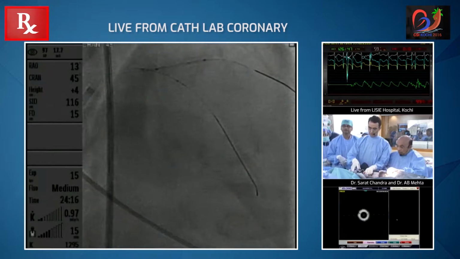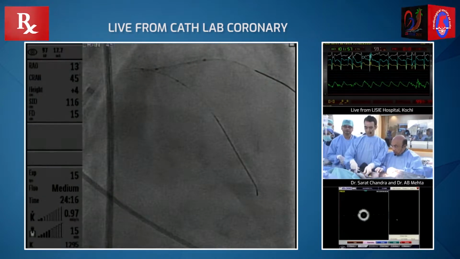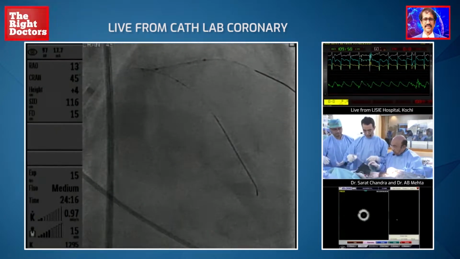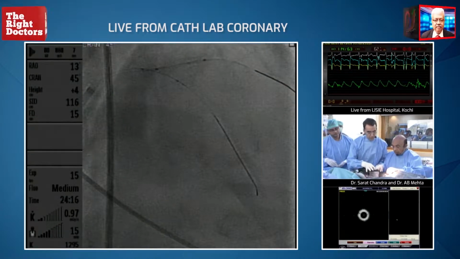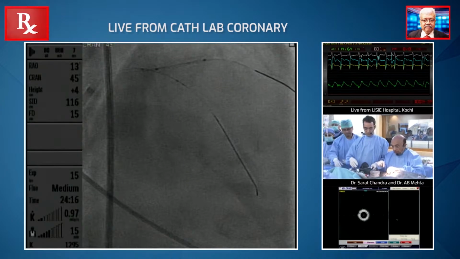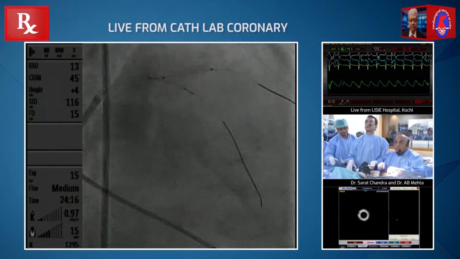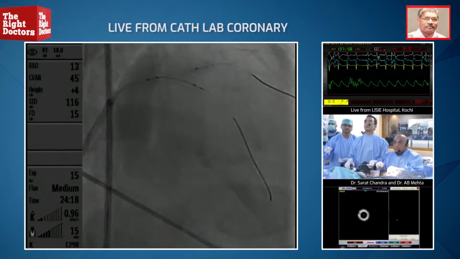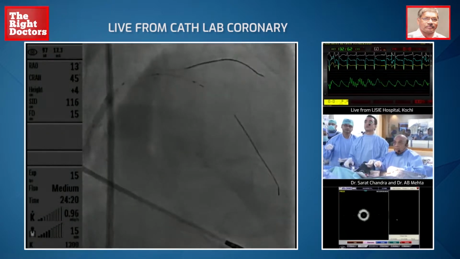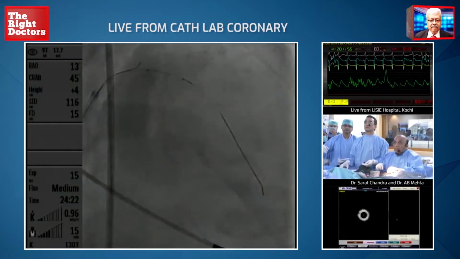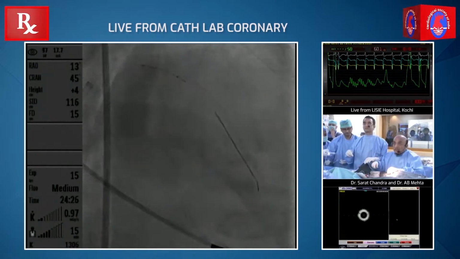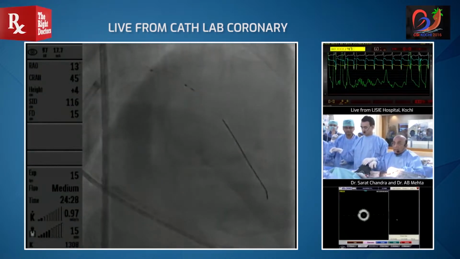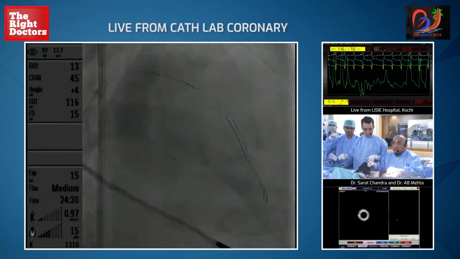Now I think we'll remove the balloon and the wire out. Balloon from the stent. The wire also. Both can come out. Okay. And now we'll crush the stent.